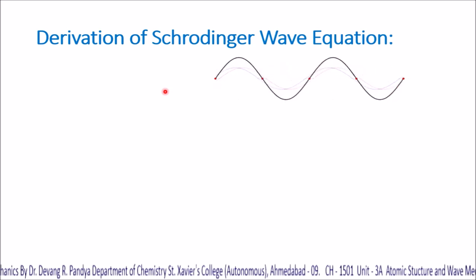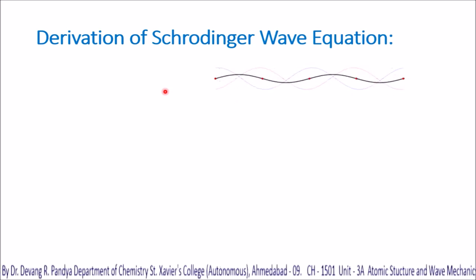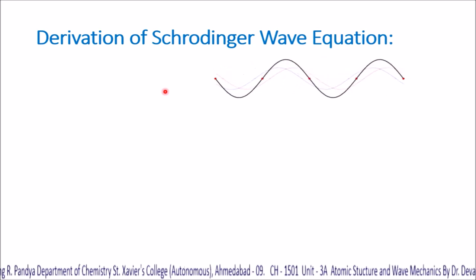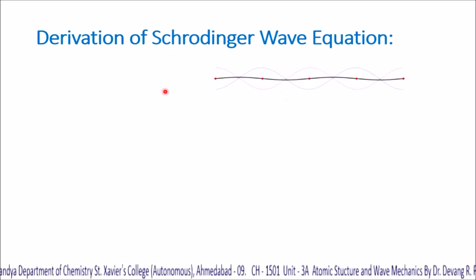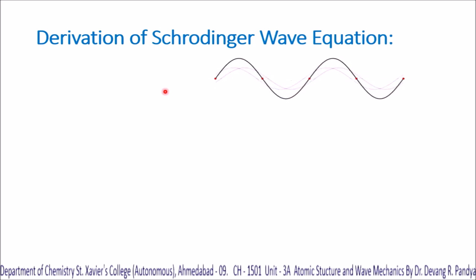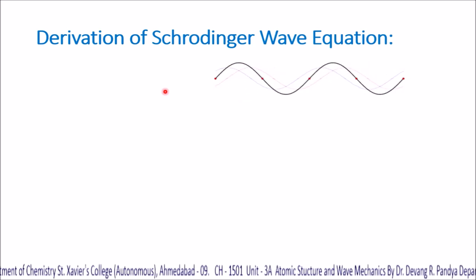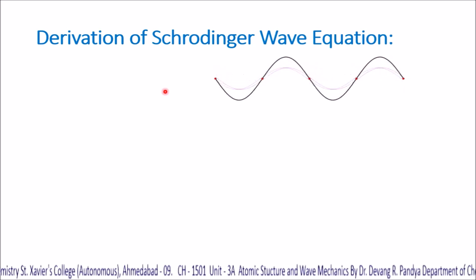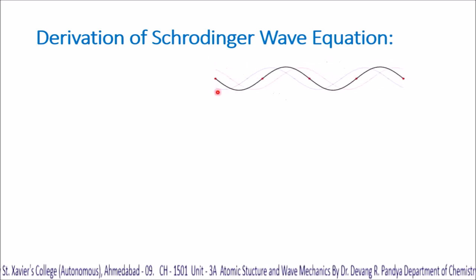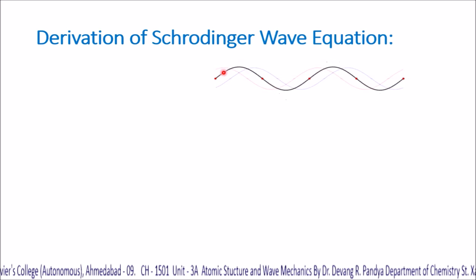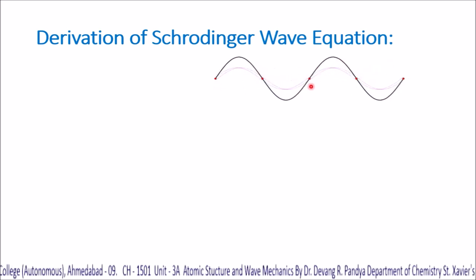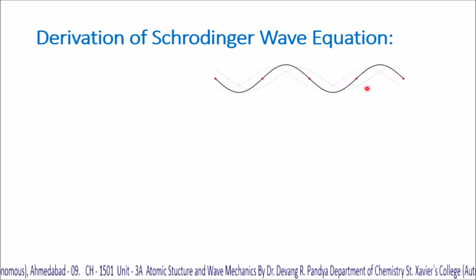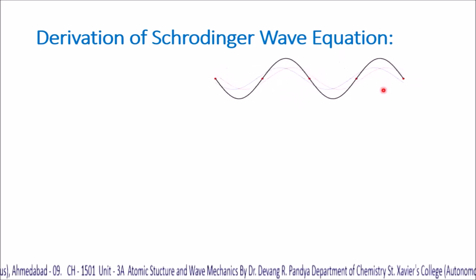So what Schrodinger did was take a firm support and bind a string to it, and vibrate the string. Suppose we have a firm support over here and consider that this is a string. If we vibrate it, we know that this kind of wave is going to be generated in the string.